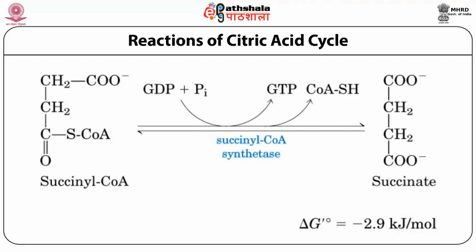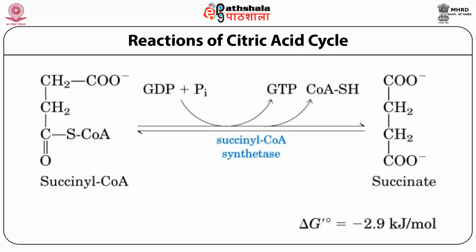Succinyl coenzyme A, like acetyl coenzyme A, has a thioester bond with a very negative free energy of hydrolysis. In this reaction, the hydrolysis of this thioester bond leads to the formation of a phosphoester bond with inorganic phosphate.